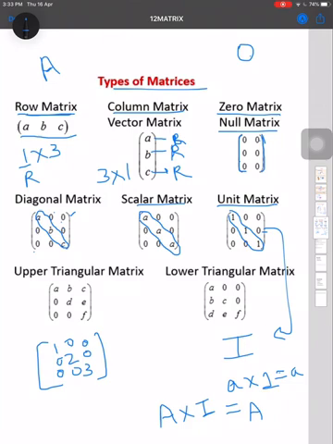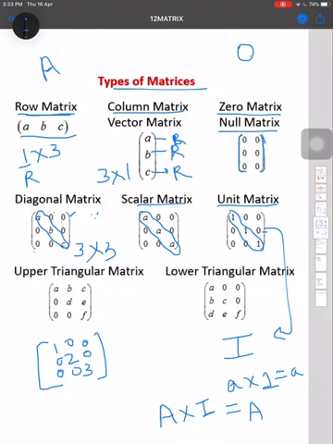The next one is upper triangle matrix. And one more thing, the unit matrix, diagonal matrix, scalar matrix, all these matrices will be square matrix. And now what is square matrix? When the number of rows and number of columns are same, then this type of matrix is known as square matrix. Here you can see the order of this matrix is 3 by 3.